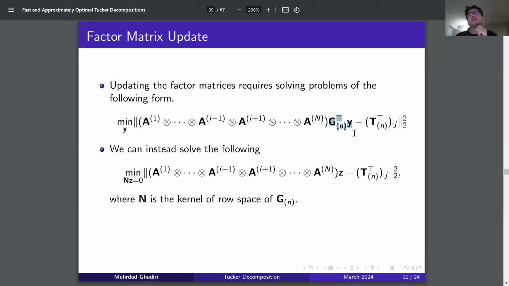So if I take the kernel of G_n, this vector should be orthogonal to that. If I find the vector z that is orthogonal to that kernel, it is a valid solution. Then I multiply z by the pseudo inverse of this, and I get a solution that is good.